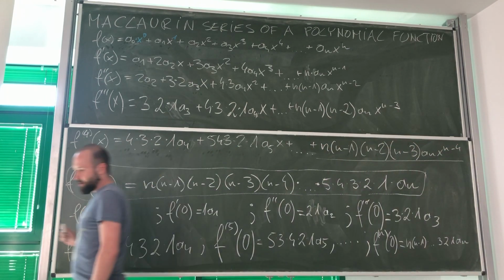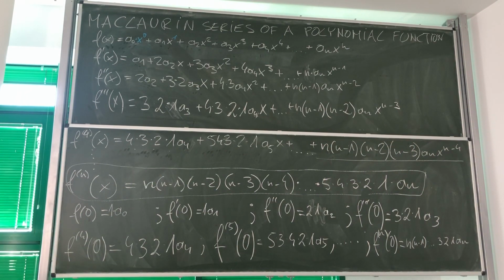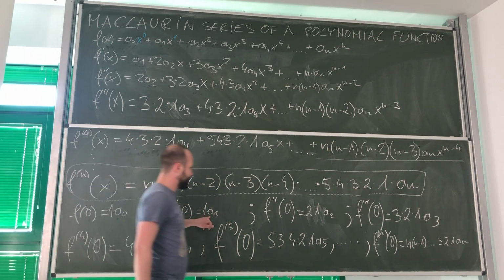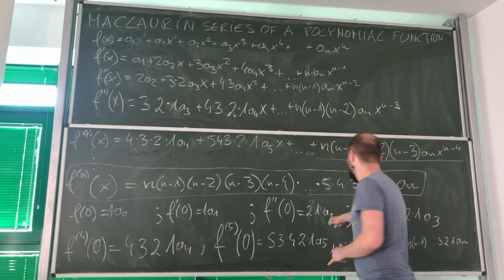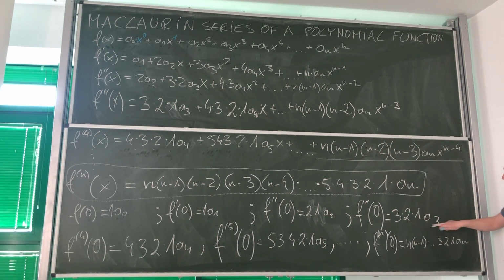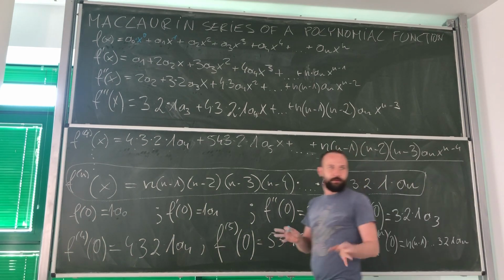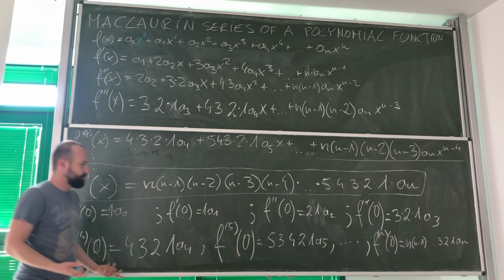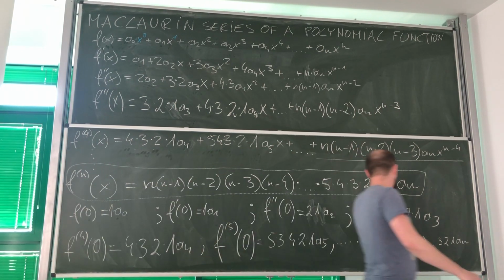Okay, so I hope you have already noticed that all those coefficients that we've got over here got some numbers assigned to it. Those numbers are strongly connected with differentiation. And the best way is to see it over here.